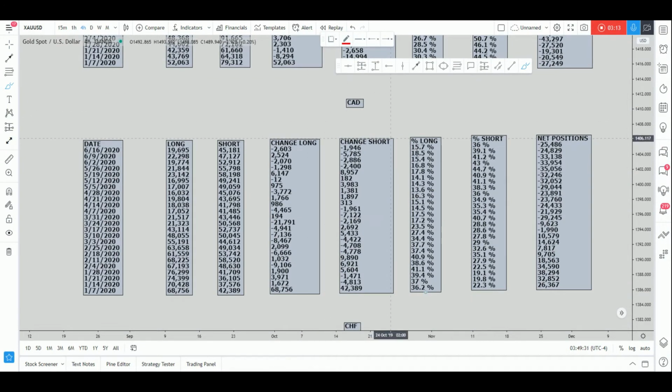Now, if we check the CAD, we can see that currently we're sitting at minus 25K net positions. So we went in the long term from having more longs than shorts on the CAD to having more shorts than longs from an institutional perspective. In fact, we currently have 45K shorts and 19K longs with a 36% short exposure and 15.7% long exposure. So overall, the CAD is quite weak.